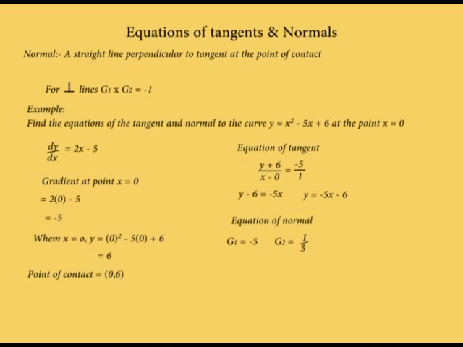Arbitrary point x, y and our point 0, 6, equate that to the gradient. y minus 6 over x minus 0 is equal to 1 over 5. Cross multiplication, 5y minus 30 is equal to x. 5y is equal to x plus 30. y is equal to 1 over 5 x plus 6. That is the equation of the normal to the curve at that point 0, 6.